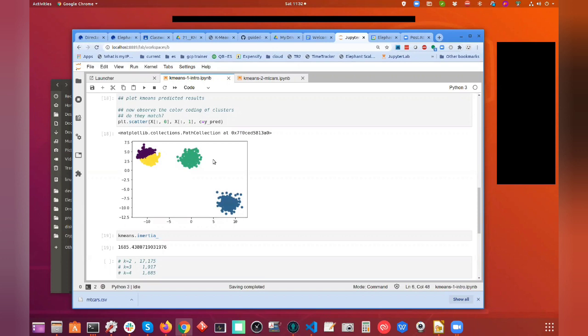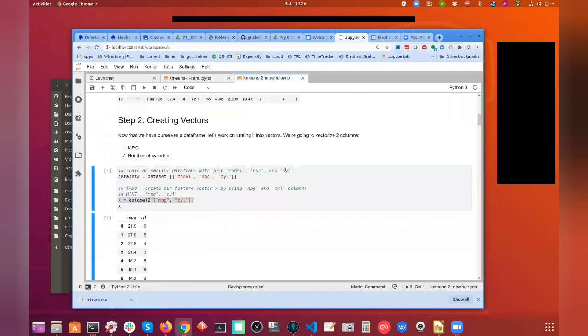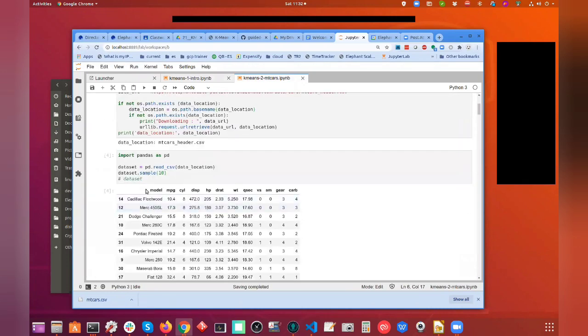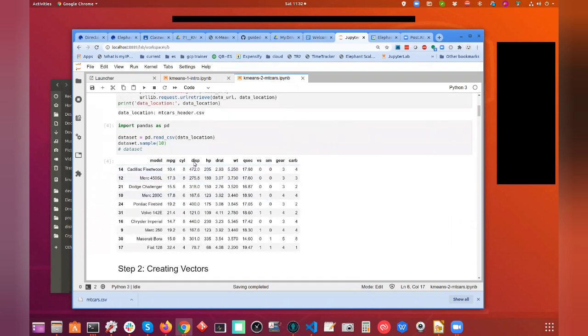Interesting. So let's assume, just to keep things simple, that the data is the same. One thing they might differ on is which attributes they're considering. Let's say both teams are looking at the same data, but each team chose different attributes to cluster by. Let's say I chose MPG and cylinder, but another team chose MPG, cylinder, and horsepower.